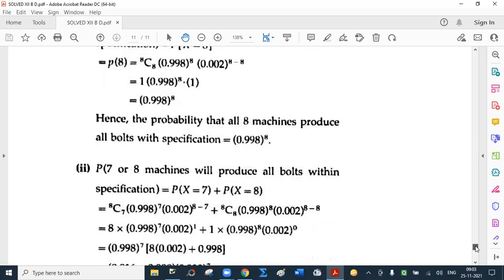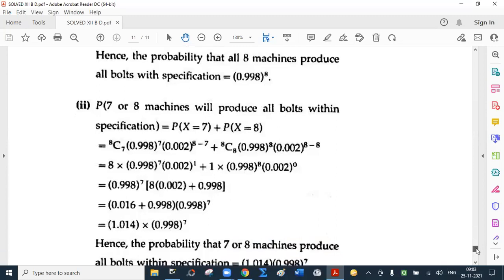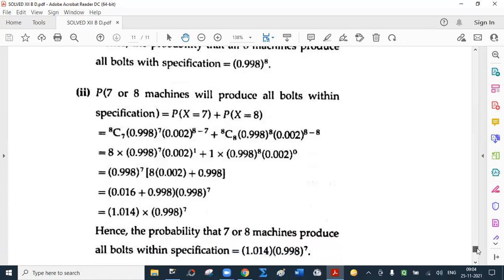Second part, probability that 7 or 8 machines will produce all bolts within specification. So P of X equal to 7 plus P of X equal to 8. Substitute the values. What can be taken common? 0.998 raised to 7 can be taken common. So 8 into 0.002, which is 0.016, plus this 0.998.